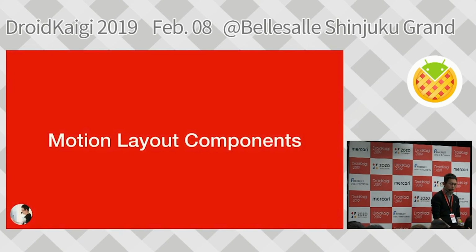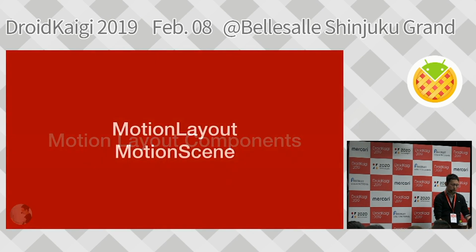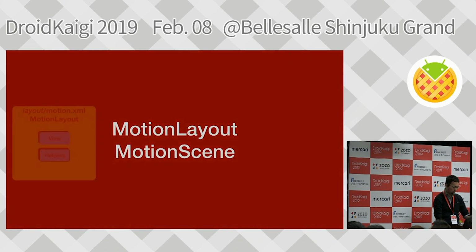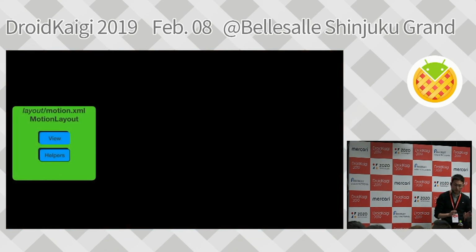Okay, now we talked about the basic example. Let me explain what components MotionLayout has and how these components fit together. First, motion layout and the motion scene. Suppose you have a motion layout, which is one of the view groups. So you can imagine it's just like a normal layout file, with views or helpers in it.